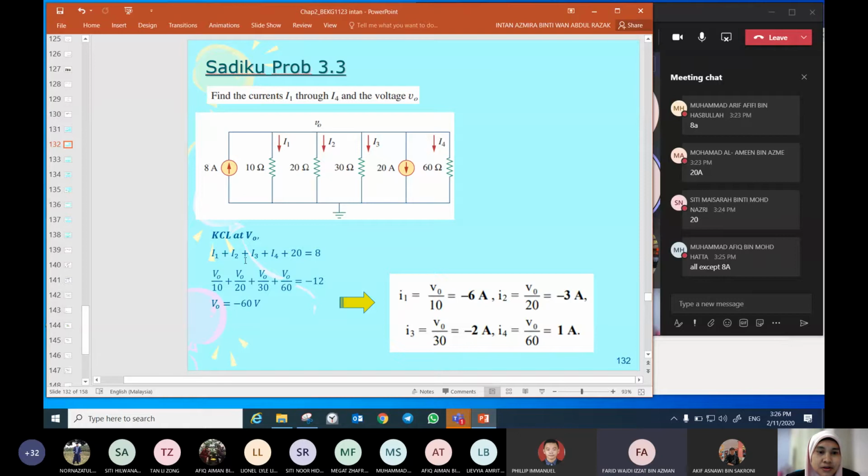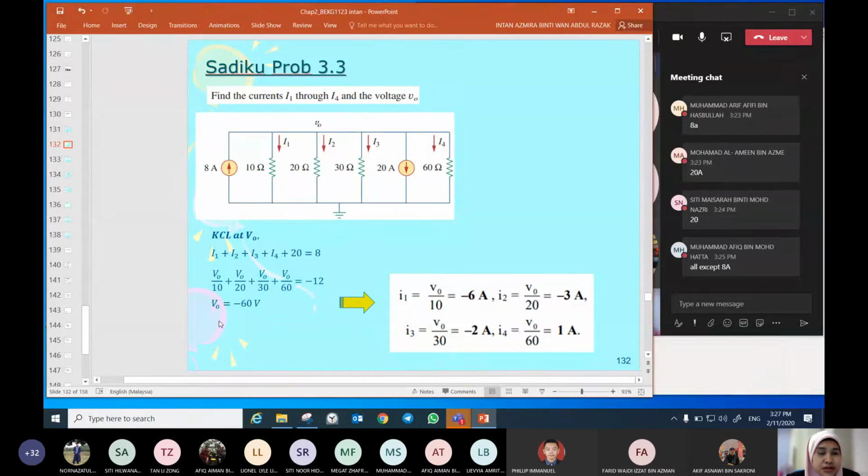So I1 plus I2 plus I3 plus I4 plus 20 as well is equal to A. Then we substitute each I in the equation with Ohm's law, I equal to V over R. I1 is equal to V0 over 10, V0 over 20 for I2, V0 over 30 for I3, V0 over 60 for I4, equal to minus 12.